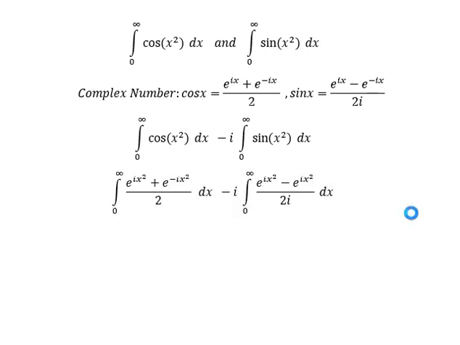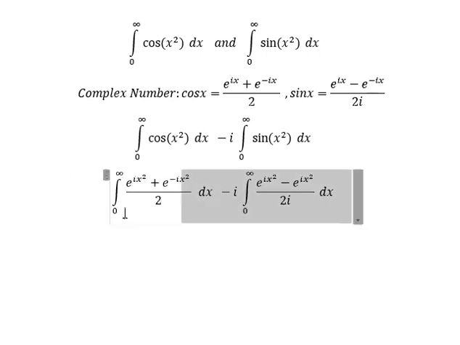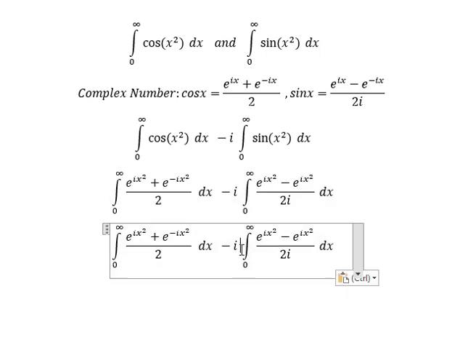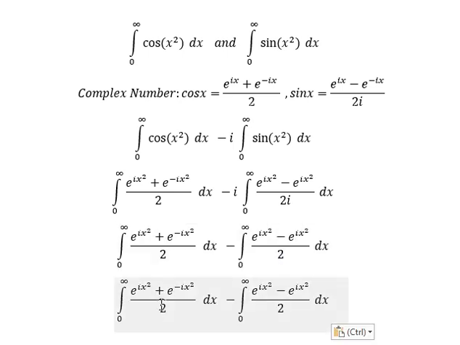Now, we have 8 and 8. We simplified. So, this one minus this one we cancel. This one minus negative of this one.